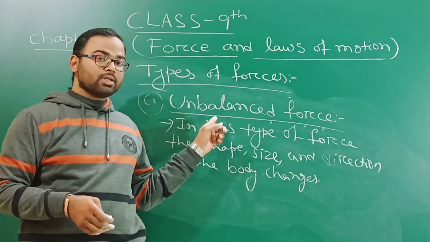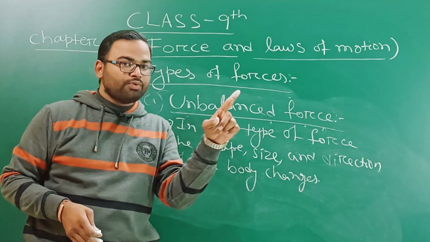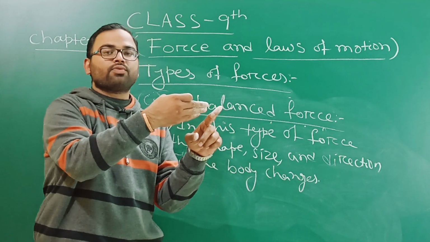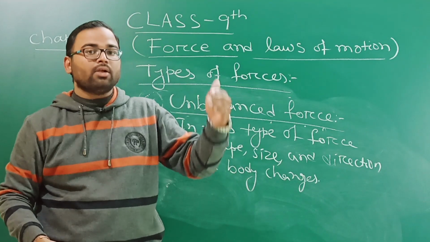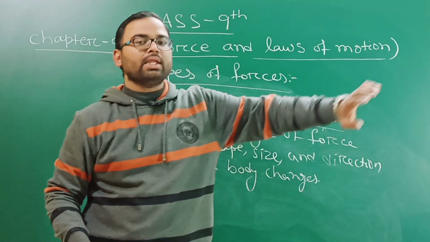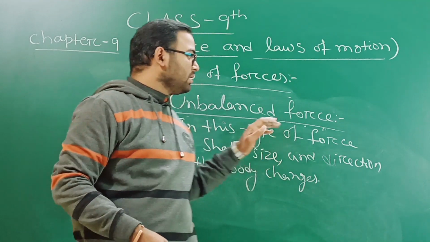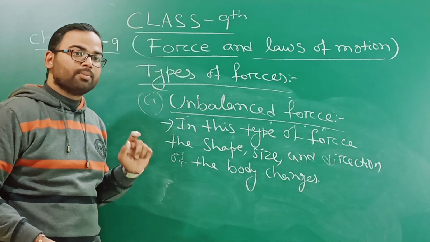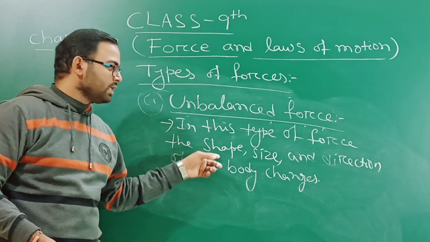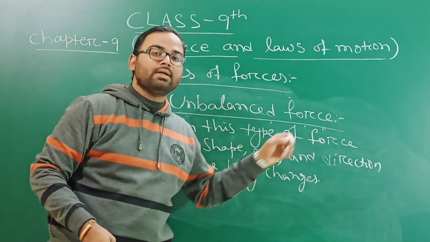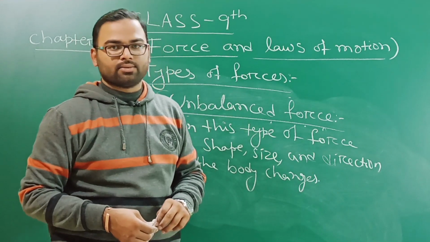But in unbalanced force, if a body is moving and we give an unbalanced force to the object, then the speed or velocity of the object will increase. So this type of force is called unbalanced force, which can change the shape, size and direction of the object.